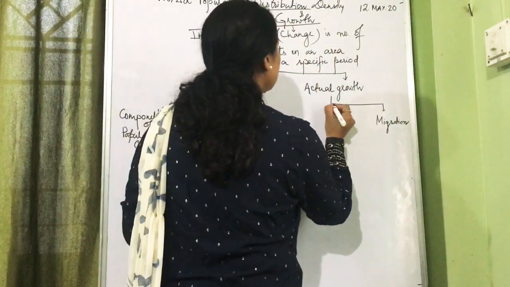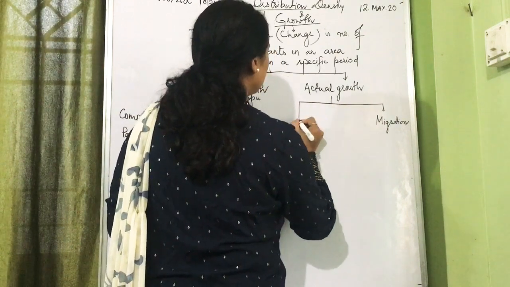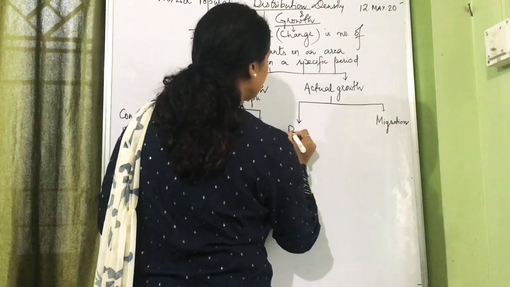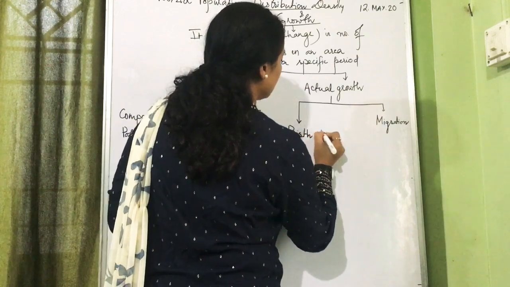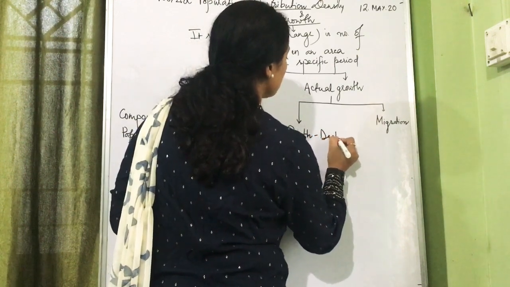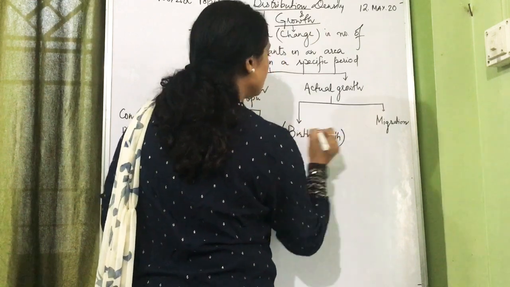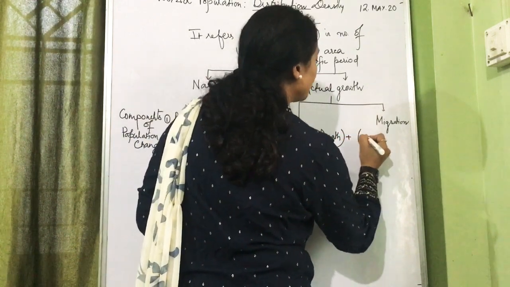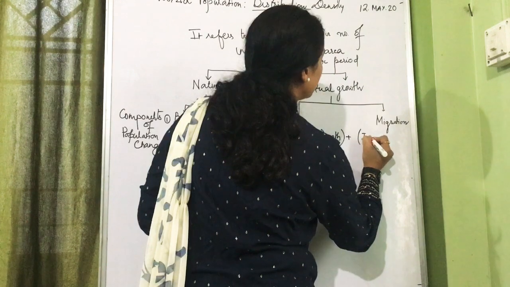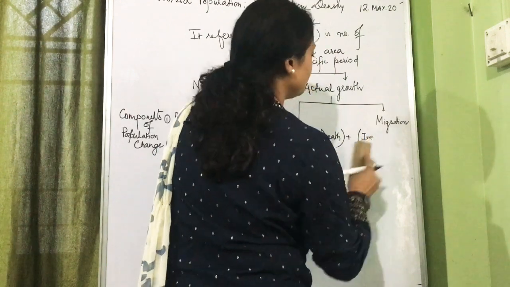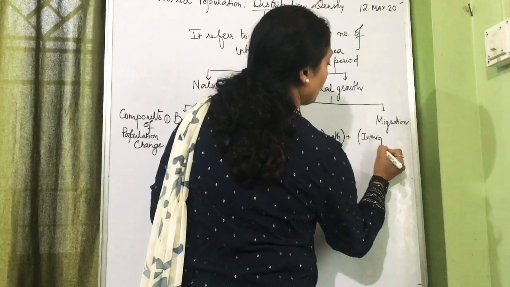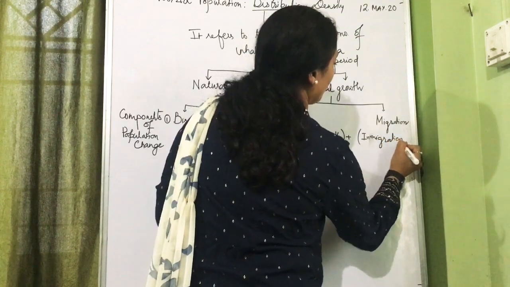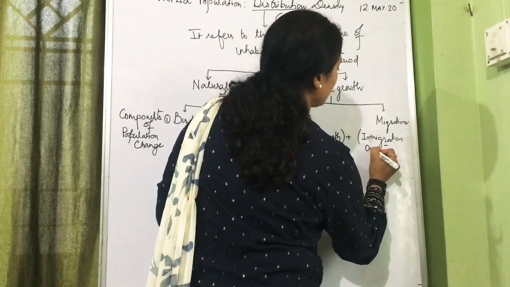It means to get actual growth, you have to first take the difference between the birth and death. Then you add in migration and subtract out migration.